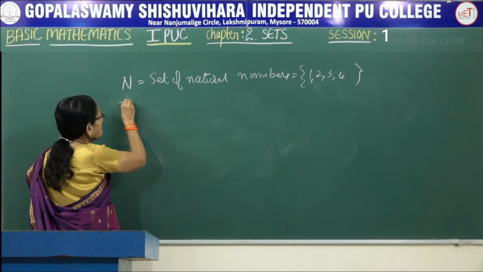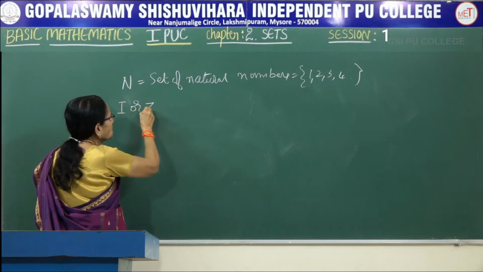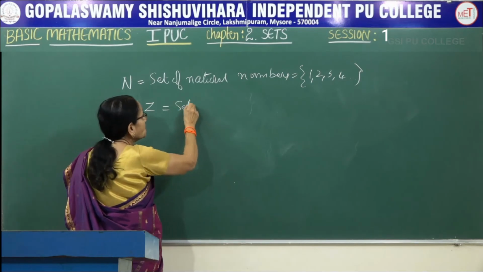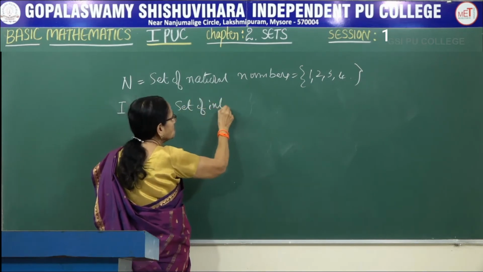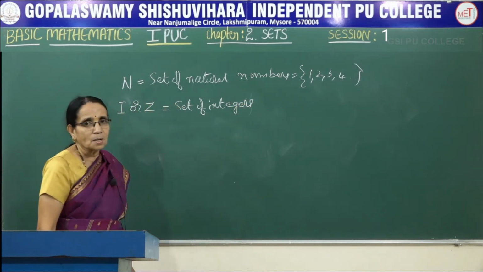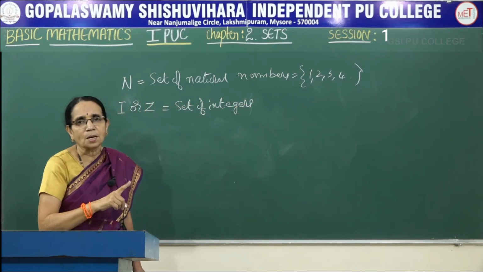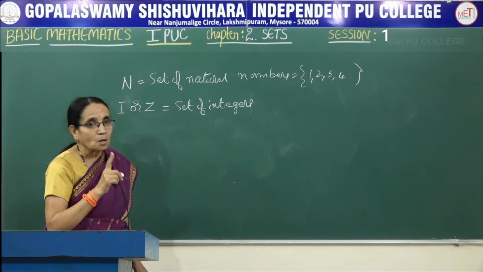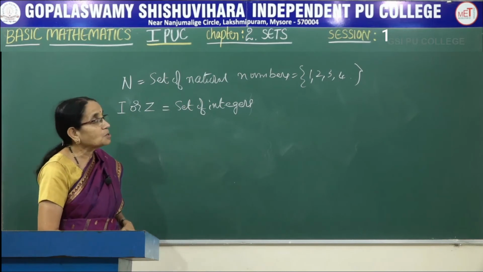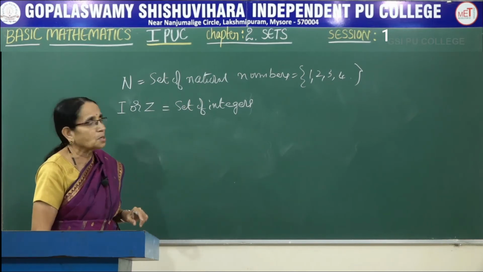Now sometimes we use I, or Z can also be used here. This is the set of integers. When I say integer, it can be a positive integer, it can be a negative integer, and also 0 is included. You observe in the set of natural numbers, the numbers start from 1, 0 is not included.